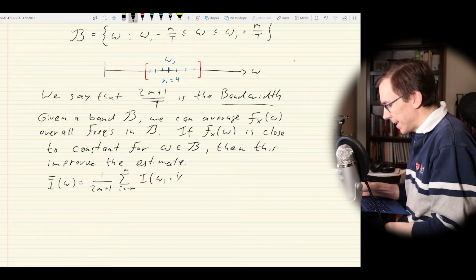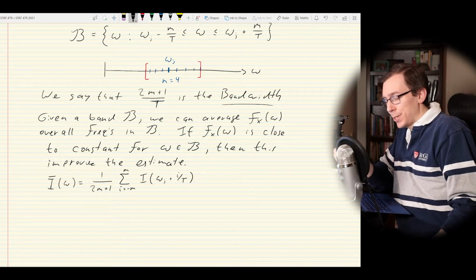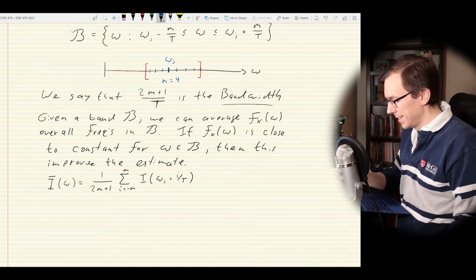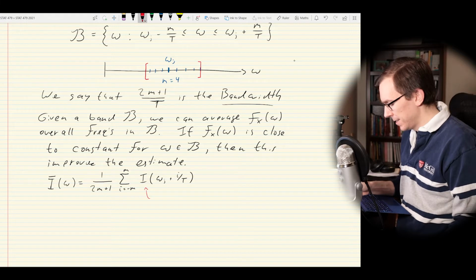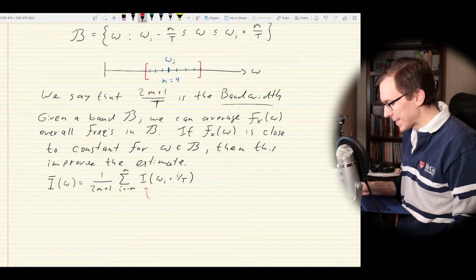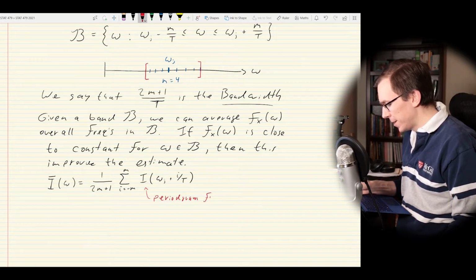So in this case, we compute the standard periodogram, well, maybe I shouldn't say standard, I just mean the periodogram from before.